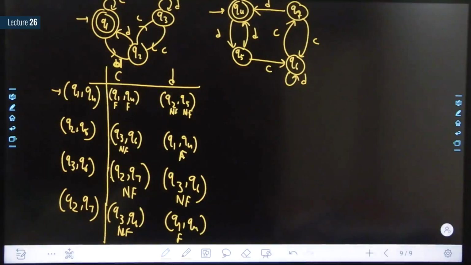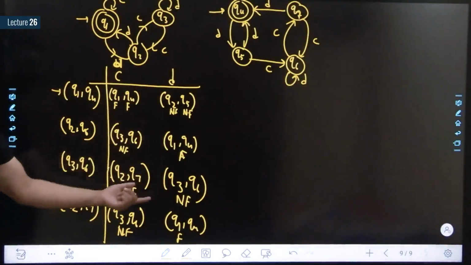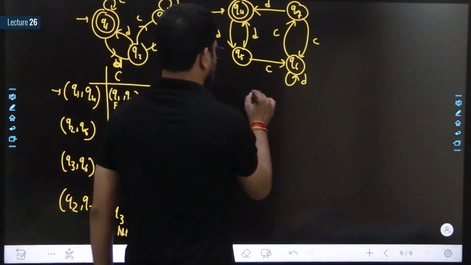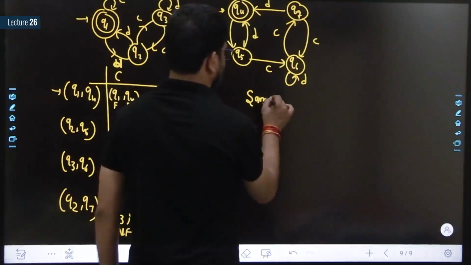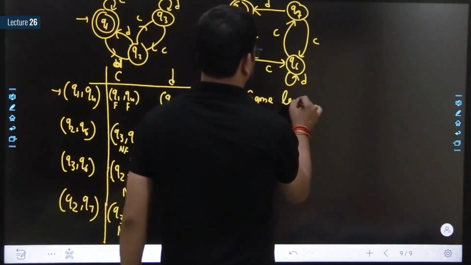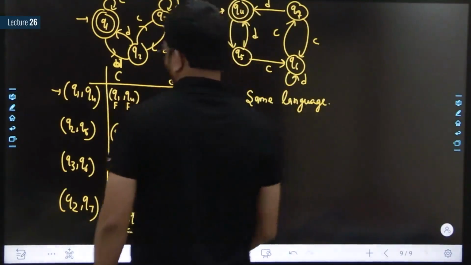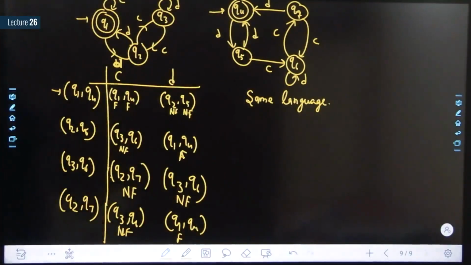No. Stop here. There is no distinguishable pair. That's why they accept the same language. Both DFAs are equivalent. Clear?